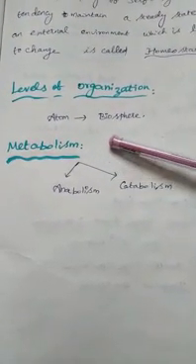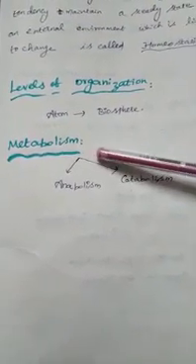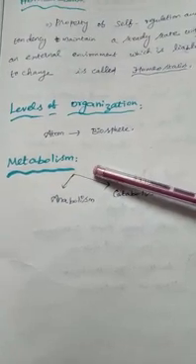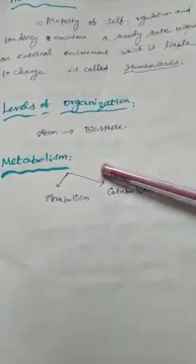The next topic is metabolism. All cells possess metabolic activity. In our body also we have metabolic activity, and only then are digestion and respiration carried out in our body. So what does metabolism mean?